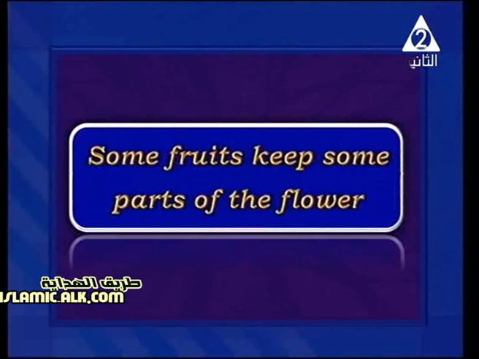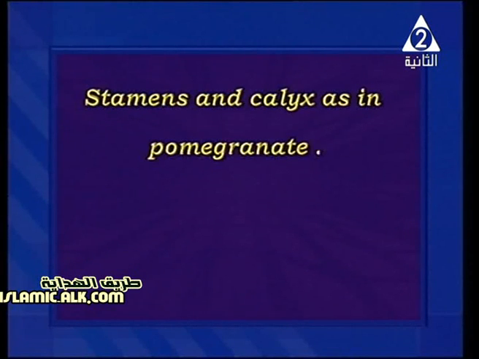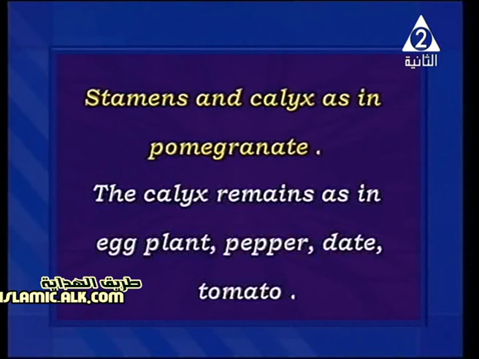Some fruits keep some parts of the flower, like what? Stamens and calyx, as in pomegranate, and also the calyx remains like in eggplant, pepper, dates, and also tomato. While corolla remains as in marrow.